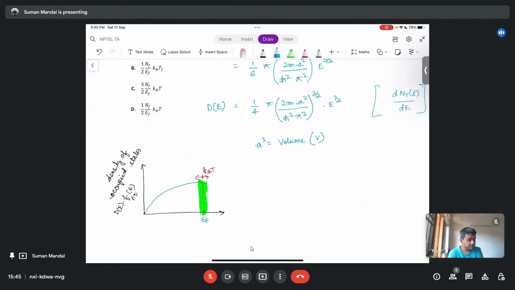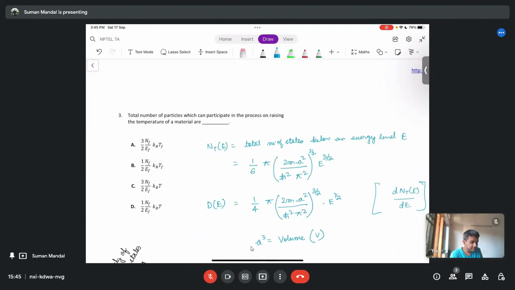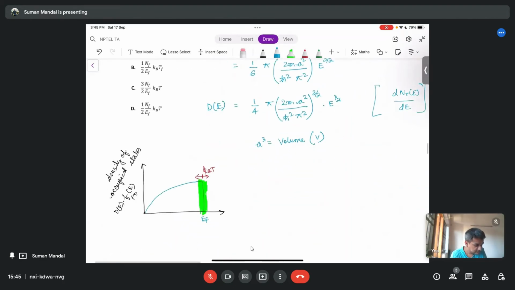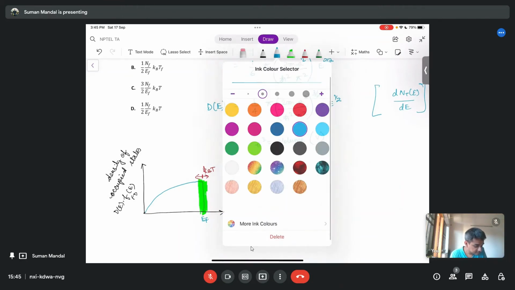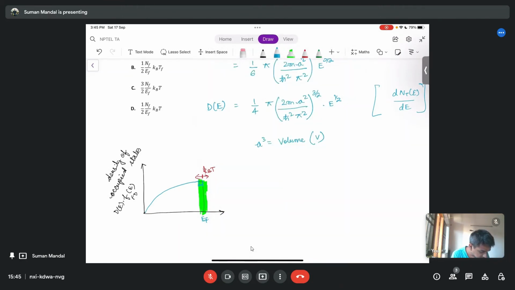So we need to find out the number of electrons in this regime, the total number of particles that can participate. How many particles are there in this region?